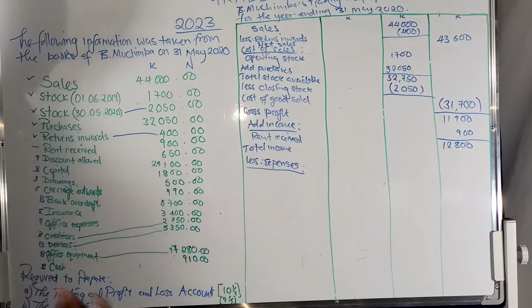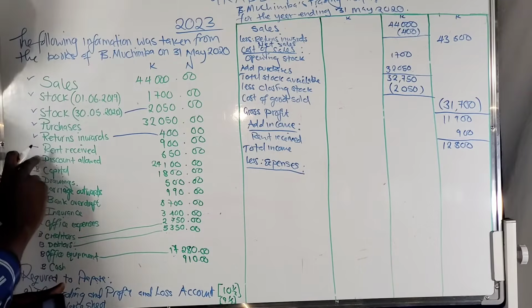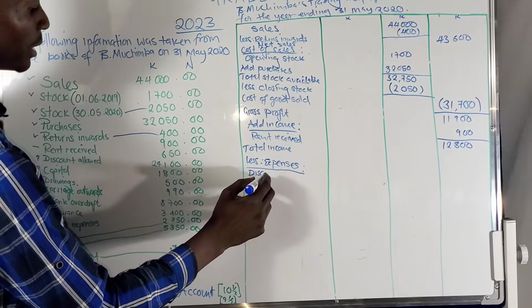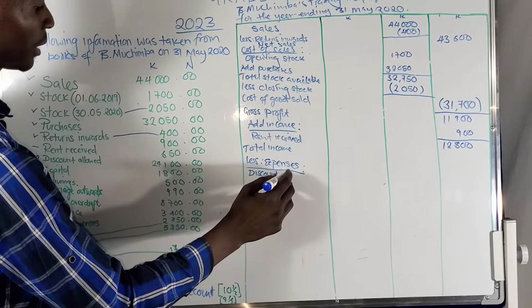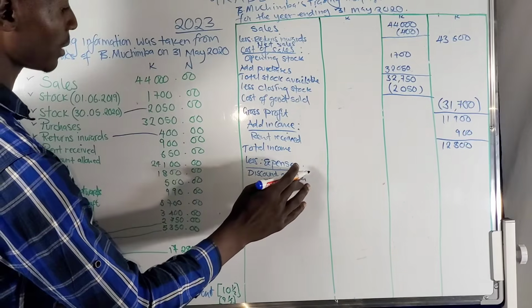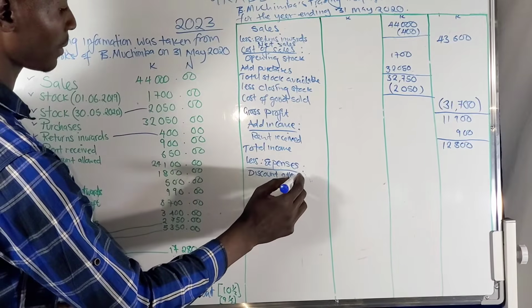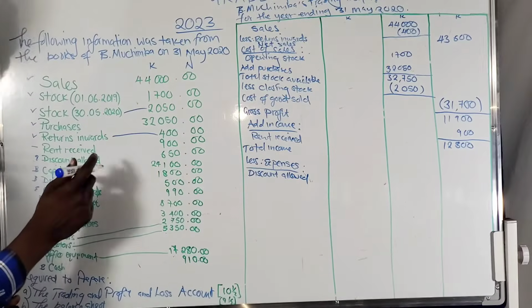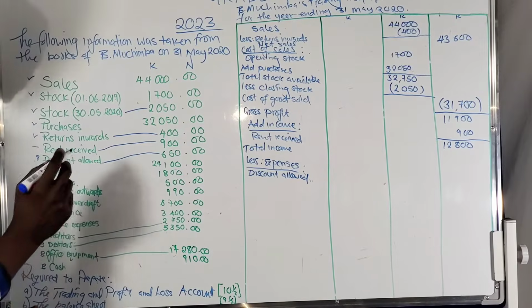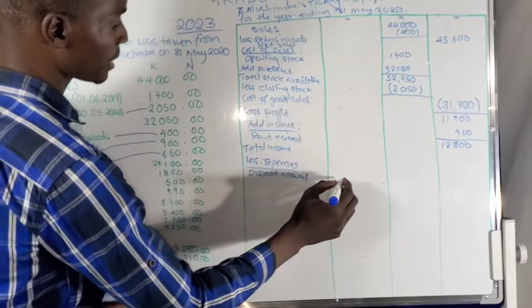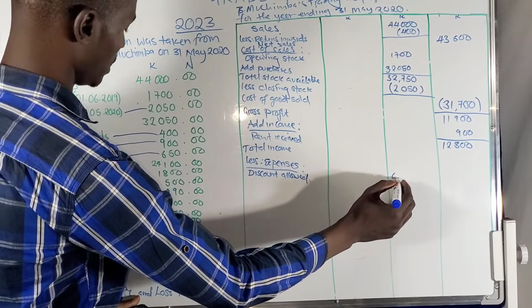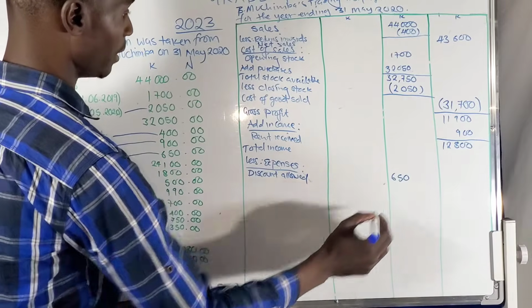You have 4 expenses. Number one is discount allowed. Okay, discount allowed. The amount for discount allowed is 650. So we're going to write in the middle column 650.